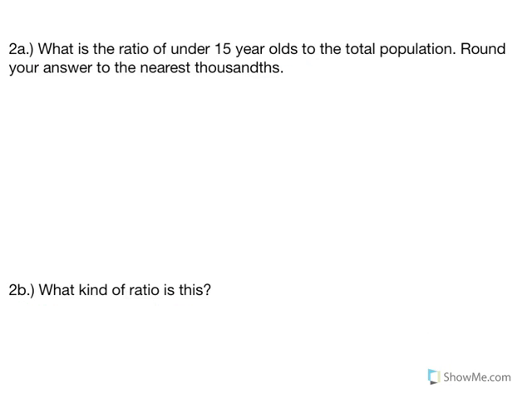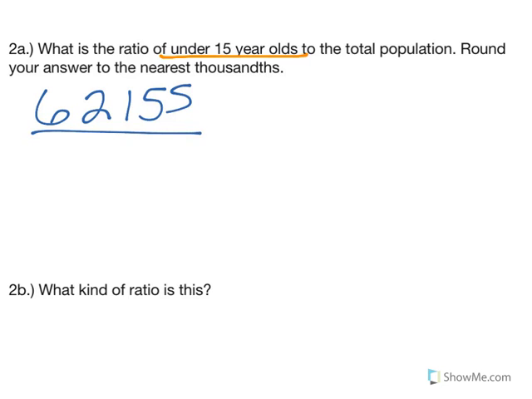Number 2, what is the ratio of under 15-year-olds to the total population? So we're starting with under 15-year-olds, and we know, based off of that last one we just did, 1A, under 15-year-olds is 62,155. Now it says 2 represents our division bar here, and then the total population. Well, we didn't find our total population.